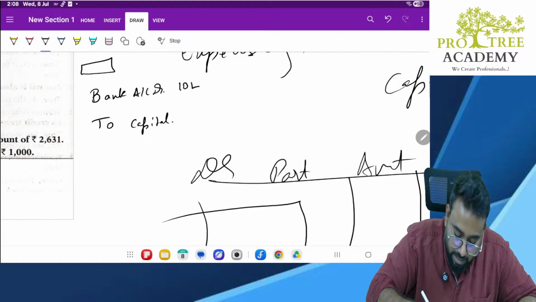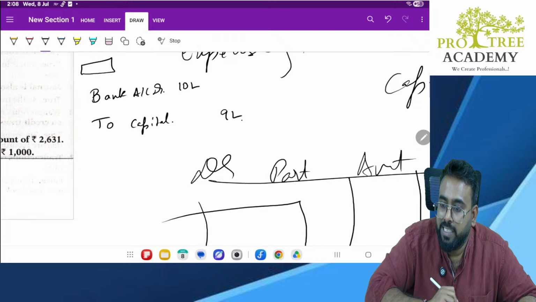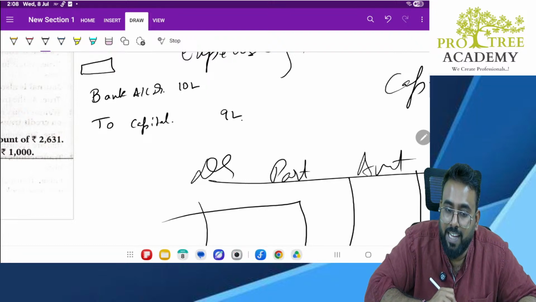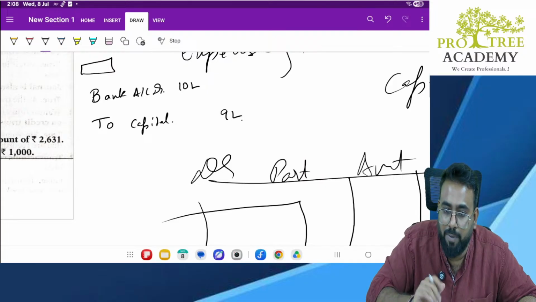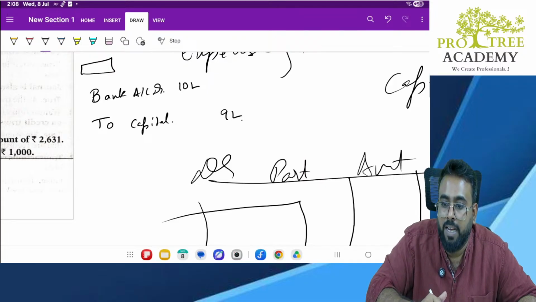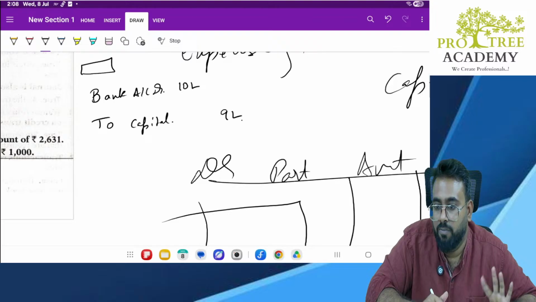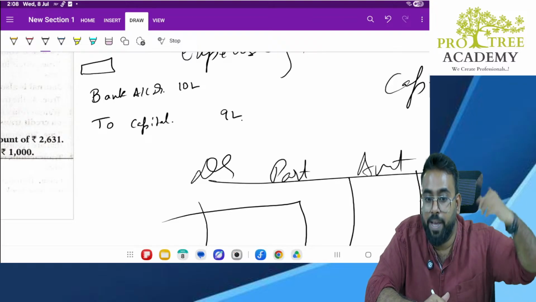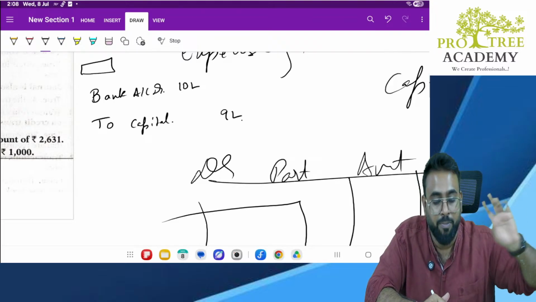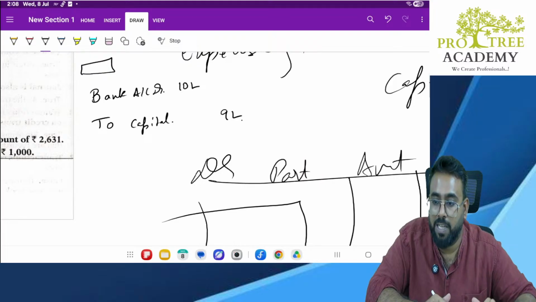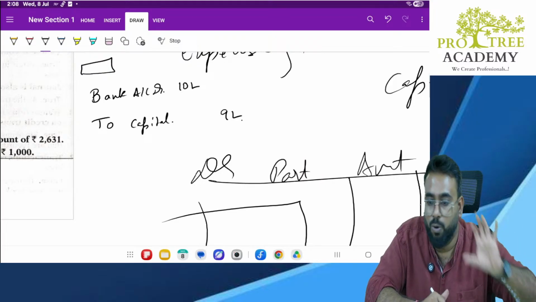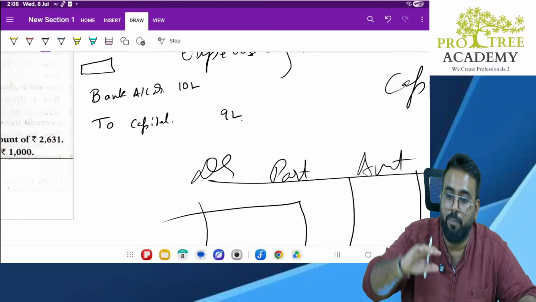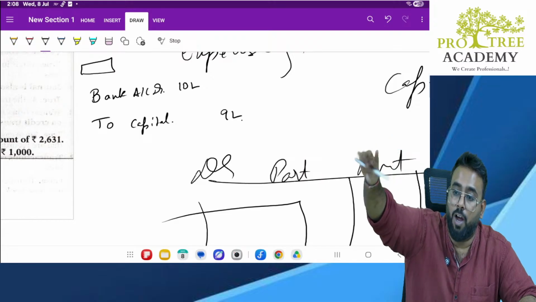That will be 10 lakh. Capital being contributed directly is 9 lakh. The remaining 1 lakh is coming from where? Loan. Loan is a liability. Asset, income, expense, liability. Why liability? It is an obligation. When you take the loan, you have to repay it. So it is an obligation arising from a past event. The past event was accepting the loan, on settlement of which future economic benefit outflow is expected.